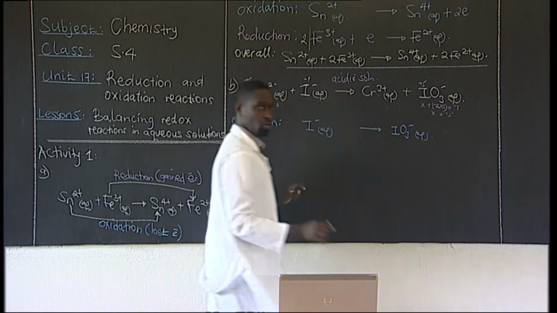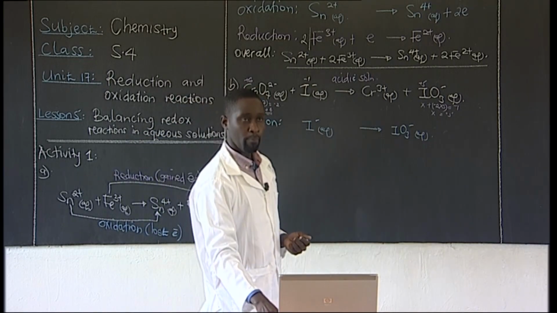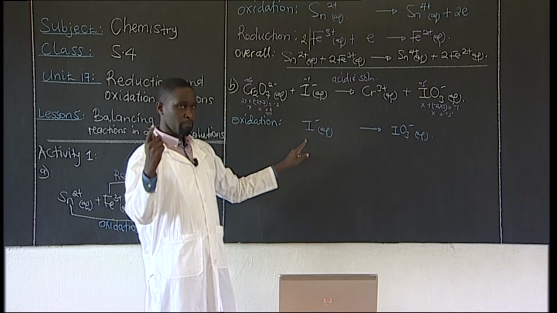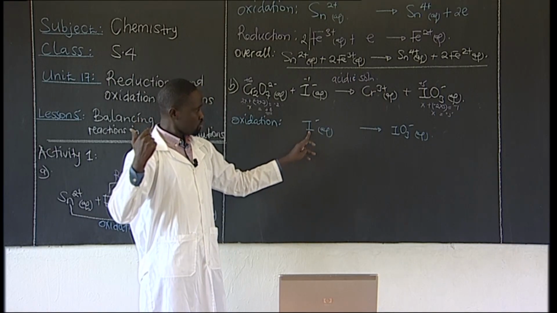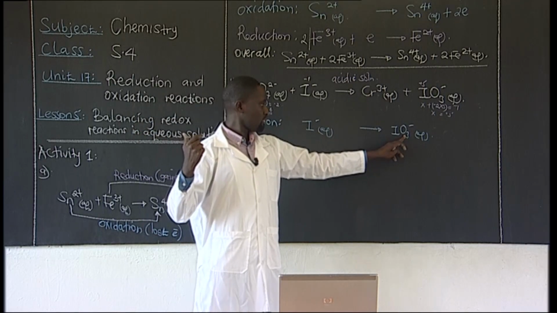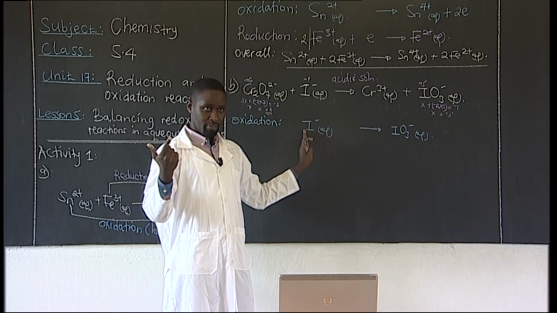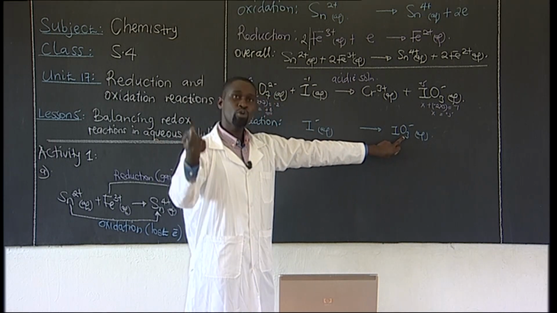aqueous. Now, it is at this moment that we apply our principle. Look at guideline number 2. If you have a case of this category, balance other atoms other than oxygen. We notice all other atoms are balanced, right? So, to balance oxygen, add water.